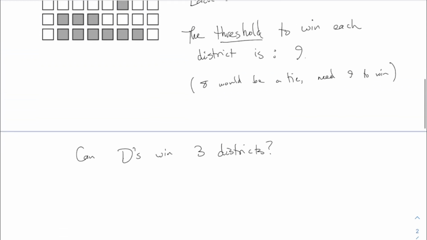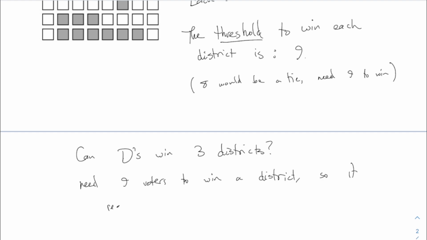Well, you think of this in terms of the thresholds. When I ask myself, can the D's win 3 districts, you've got to think, how many voters would that require? You need 9 voters to win a district.